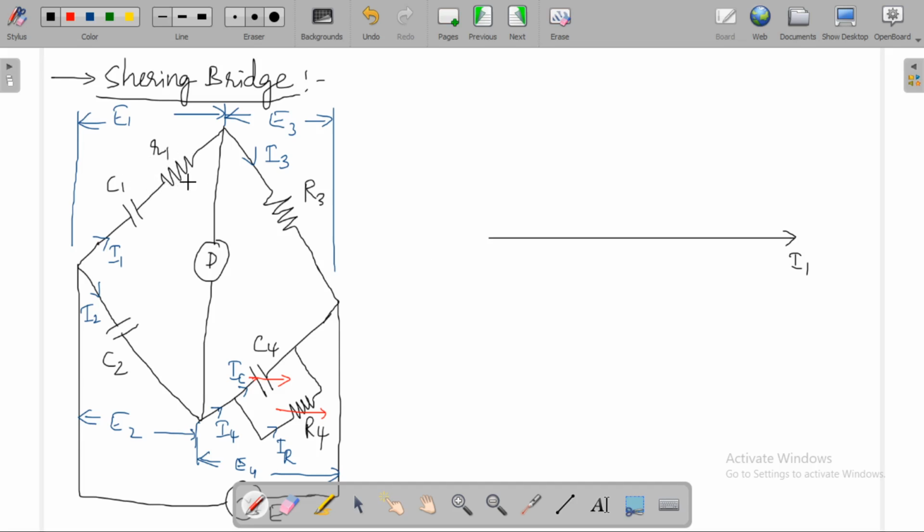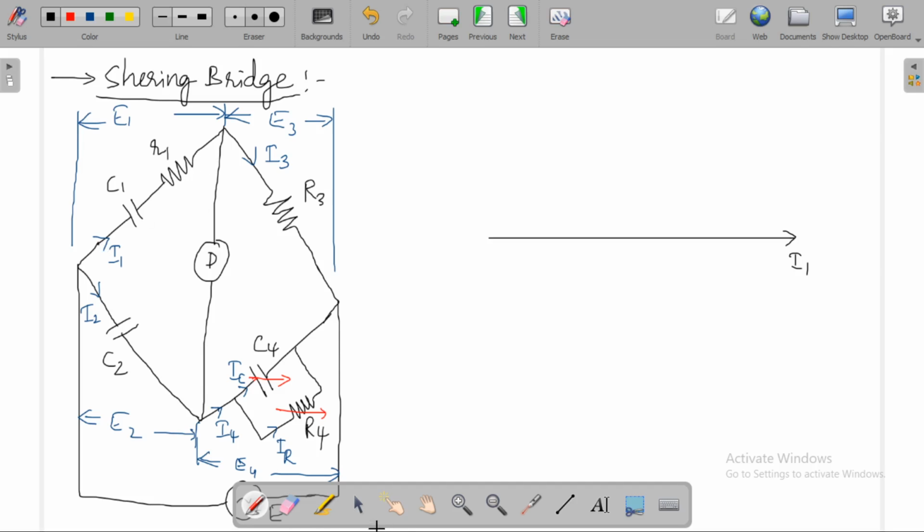How can I draw the phasor of voltage across this resistance? Voltage across this resistance will be in phase with I1. I1 is the current flowing through this resistance, so voltage across this resistance will be in phase with the current flowing through this R1.